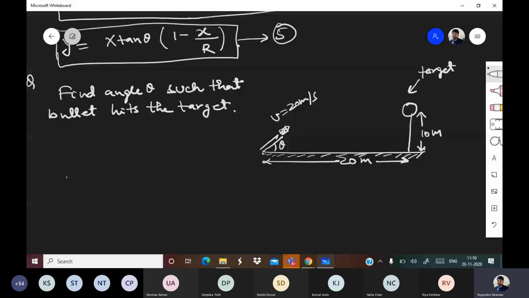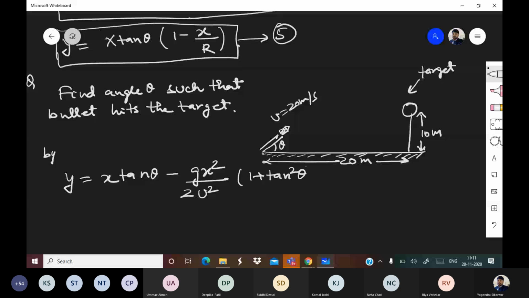So y is equal to x tan theta minus gx square upon 2u square into 1 plus tan square theta. I'm going to use this, okay, because I need to find theta.